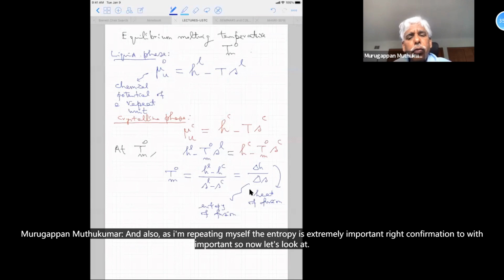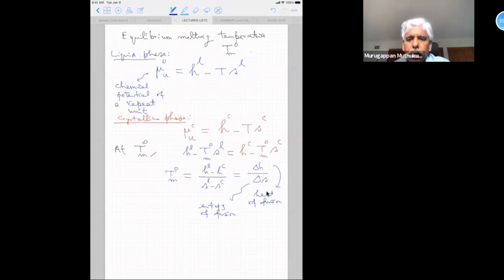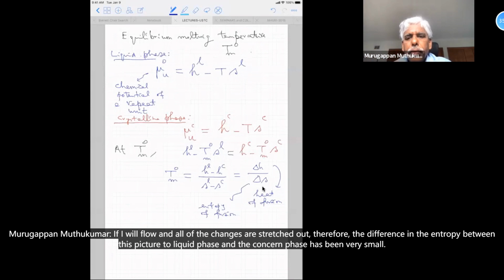And also, as I'm repeating myself, the entropy is extremely important. Conformational entropy is important. Suppose I have flow. If I have a flow and the chains are already stretched out, the difference in entropy between the stretched-out liquid phase and the stretched-out crystalline phase is going to be very small.